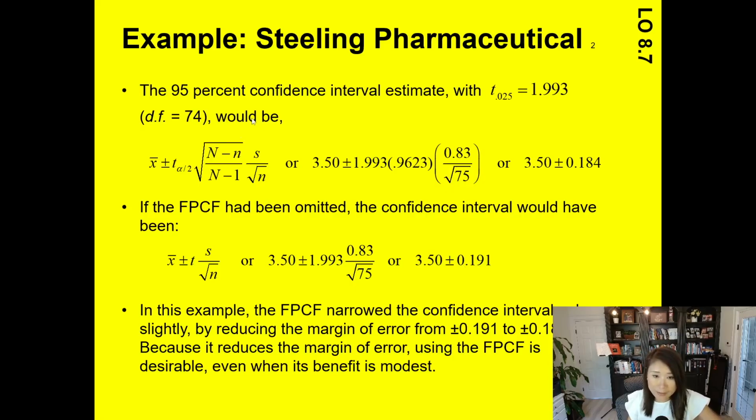By adding this finite population correction factor, we are able to show our interval is more precise.